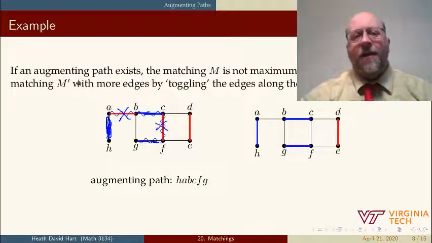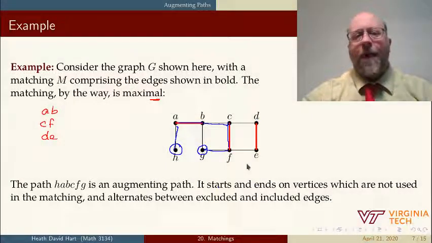I've increased the number of pairs of matched vertices, and so the original matching was not maximum. If I can find an augmenting path, I can toggle edges along the graph and find a matching that has more vertices matched than I had before. And so the original matching was not maximum.